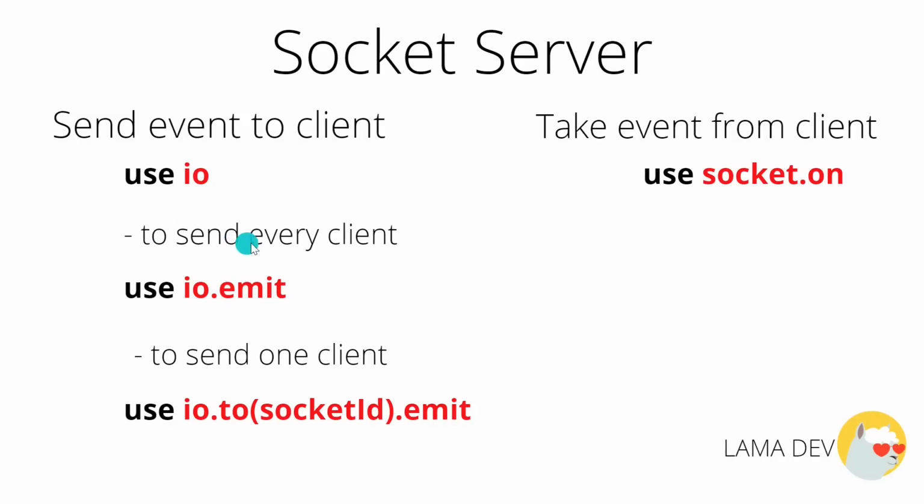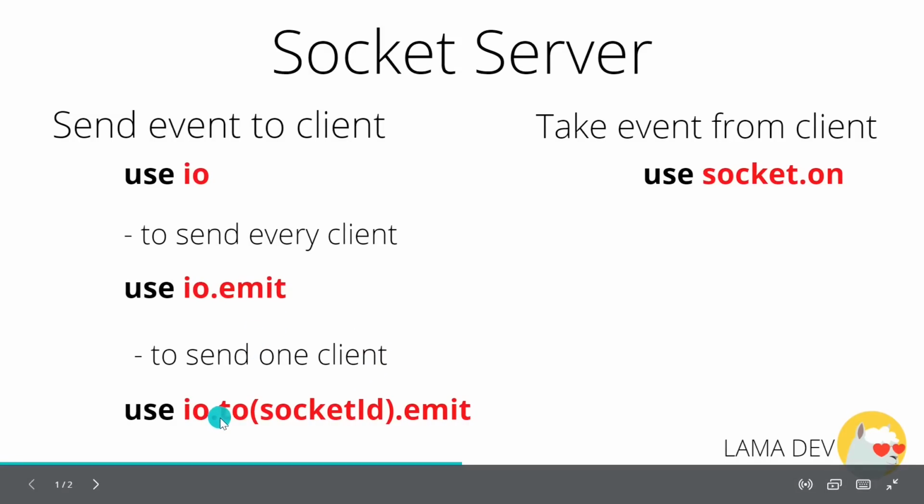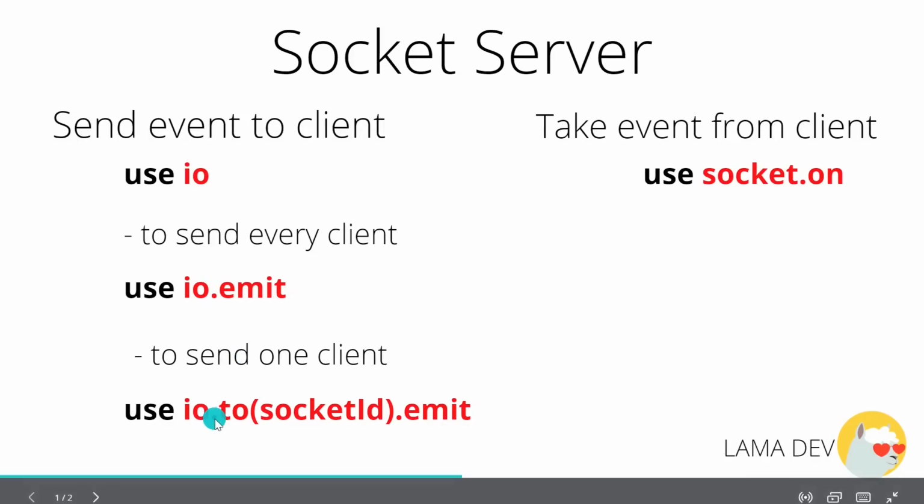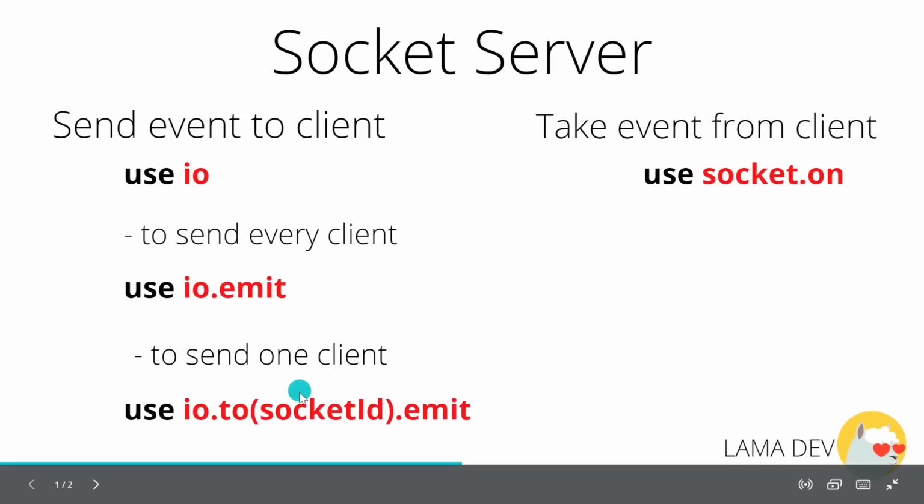If we want to send this event to every online user, we are going to use emit. And if you want to send this to one specific client, we are going to use to and inside the socket ID, which belongs to this specific client, and emit again. Again, we are using the io function here. If you want to send to everyone, emit. If you want to send to just one client, to and inside socket ID and emit. Remember, we have the socket ID, we console logged this.